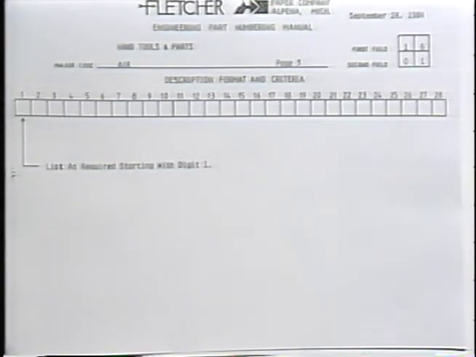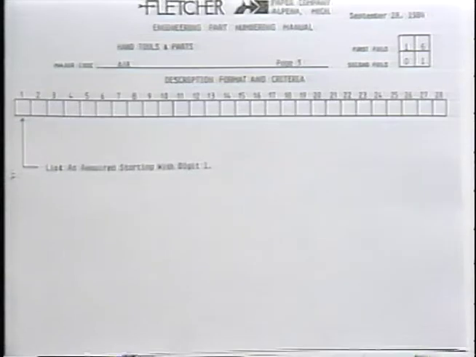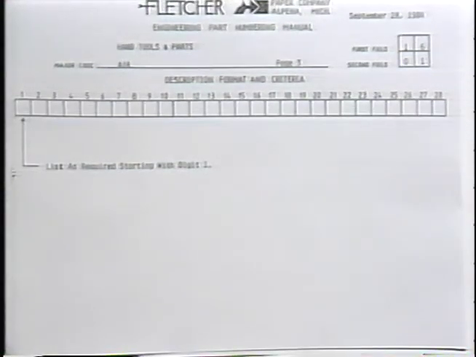Some may just be held in abeyance, but if you notice on page number 14, we're talking about the air tools, which is 1601, and here is a basic note. List as required, starting with digit 1. There's nothing wrong with a notation like that.